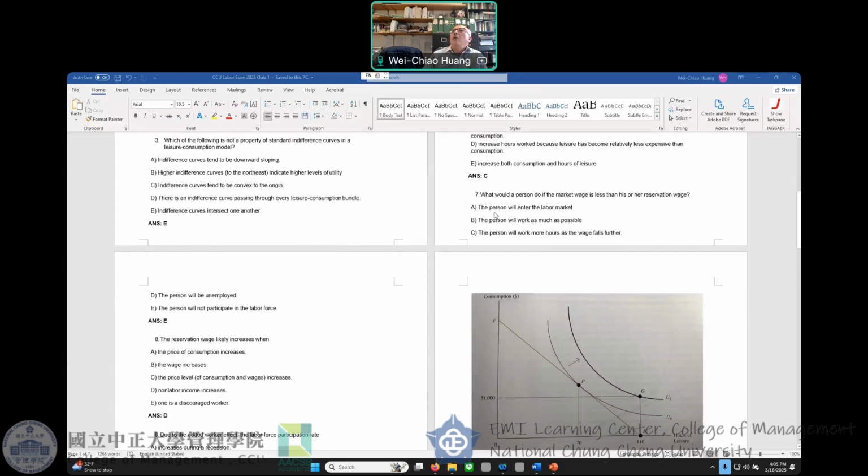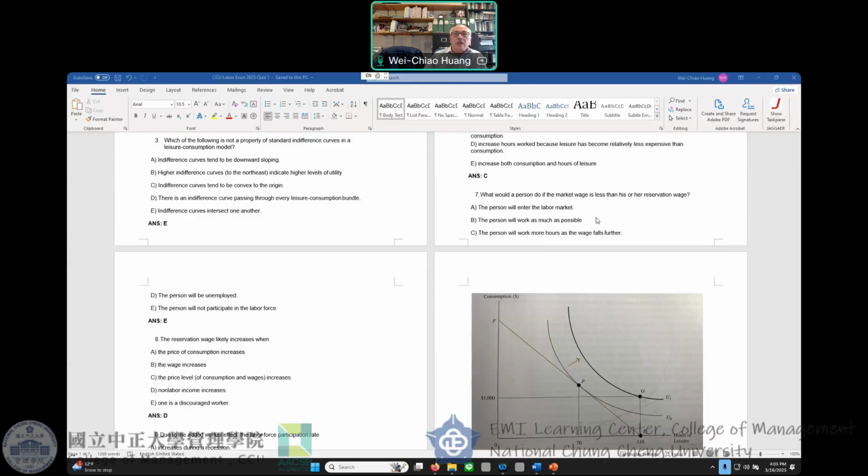Number 7, what would a person do if the market wage is less than his or her reservation wage? Of course, you have to understand what reservation wage is. Again, go back and read chapter 2.